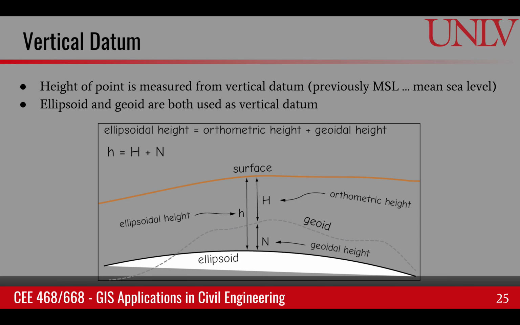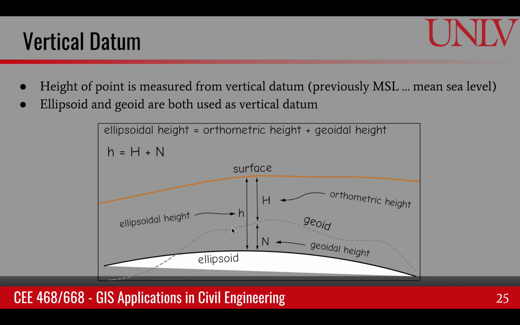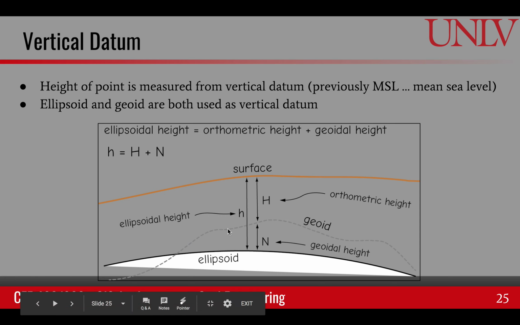Similarly, we have the vertical datum. Vertical datum used to be mean sea level. Even now, our heights are measured from mean sea level. But in GIS, the new vertical datum that is appearing is the geoid itself. The distance between the surface of the Earth and the ellipsoid is called the ellipsoidal height.